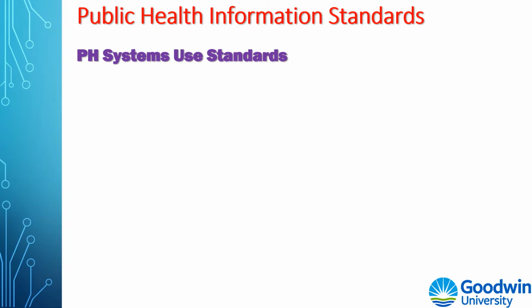Okay, so public health systems use standards. When we do this chapter, we're going to use a lot of examples that have to do with laboratory reporting because it's easier to relate to, especially in public health. A lot of triggers happen from that, and we used them as examples before, so I'm going to continue that as we go along.